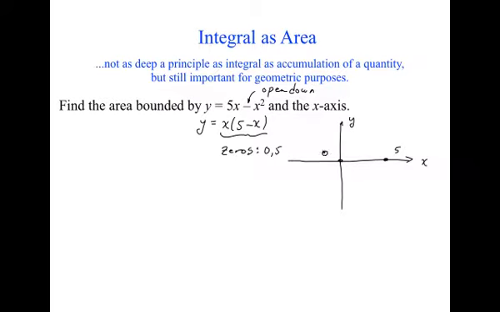And we said that negative x squared means it opens down, so now we're ready to make a sketch, right? If it opens down, it's got to look like this. Something like that.